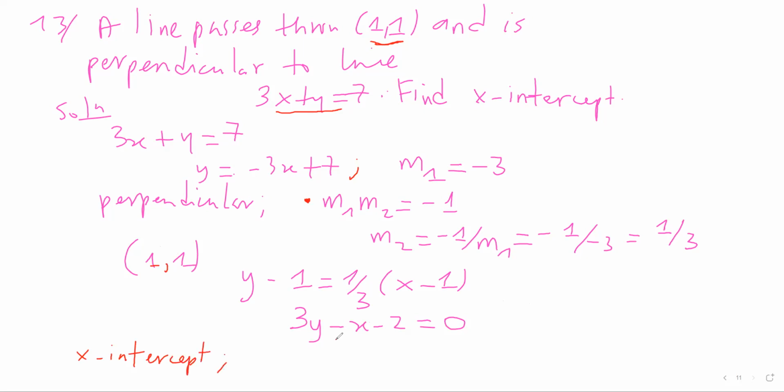X-intercept means y is equal to 0. And that means 3 of 0 minus x minus 2 is equal to 0. And this implies x is equal to minus 2.